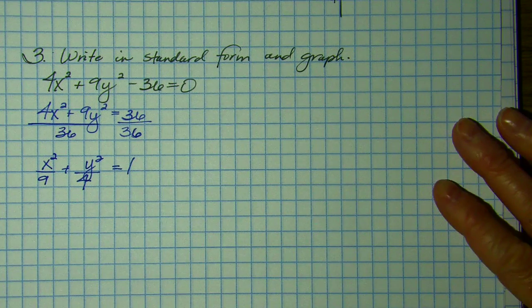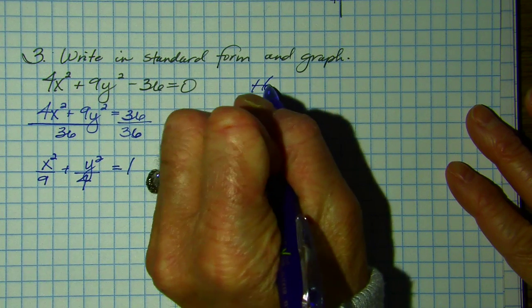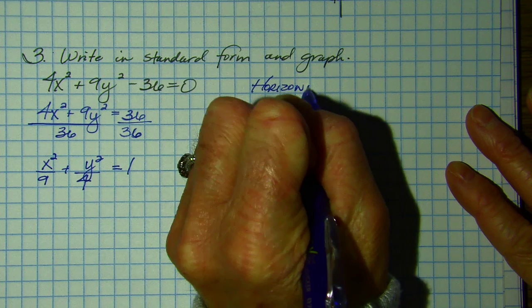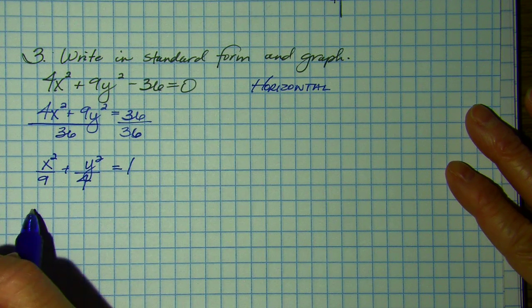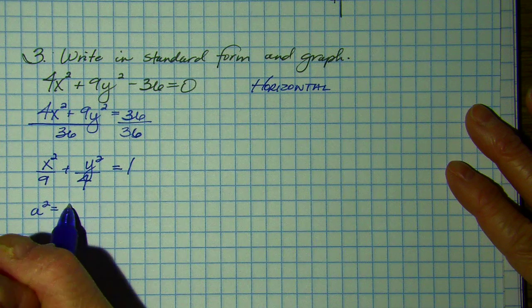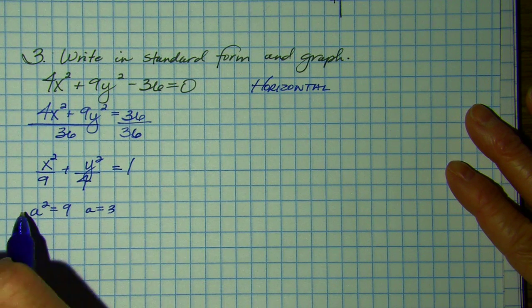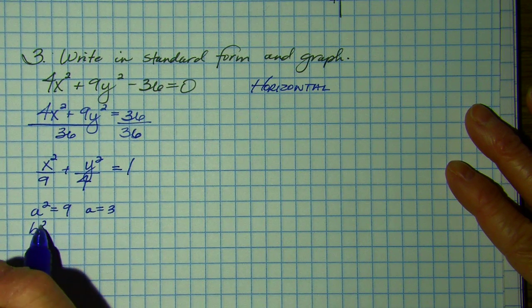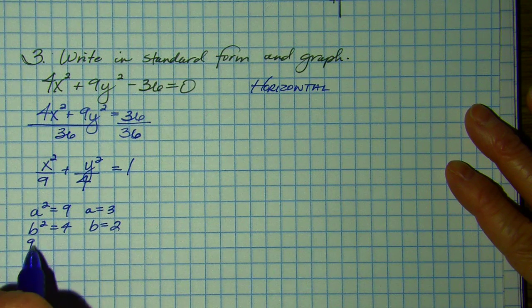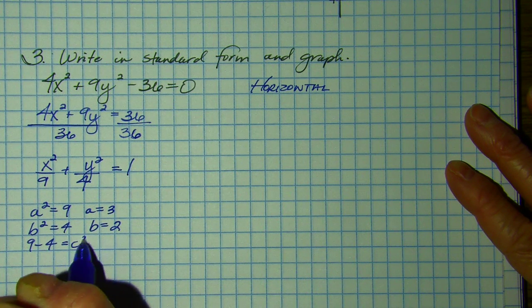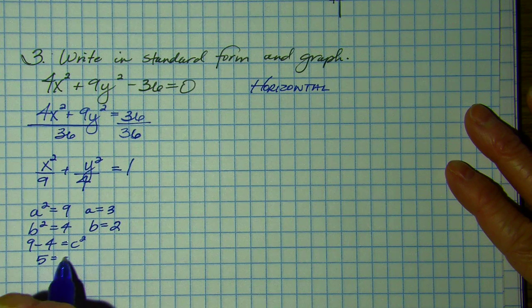So this is a horizontal ellipse because the larger number is underneath x. So a squared equals 9, so a is 3, right? Square root. B squared equals 4, so b is 2. 9 minus 4 equals c squared, so 5 equals c squared.